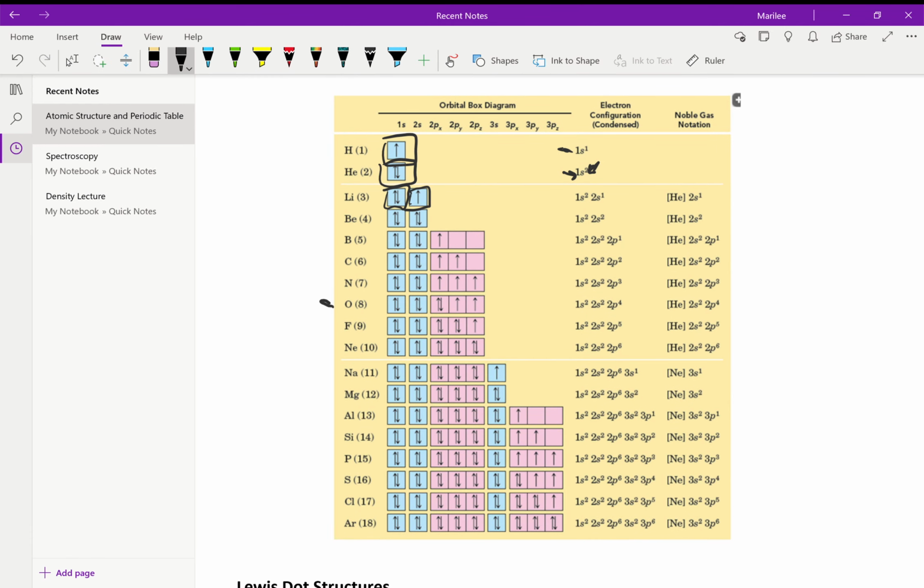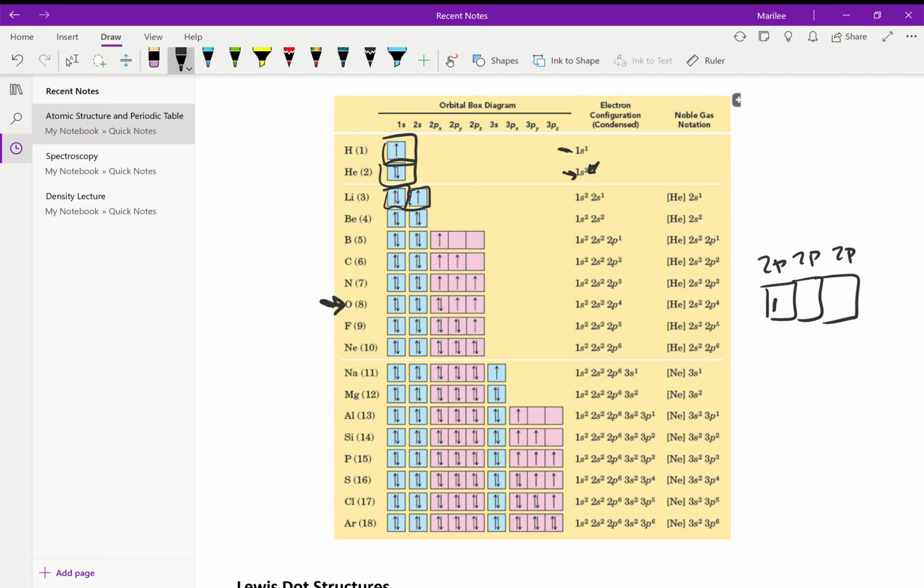Let me go down an example here. Let's do oxygen. Oxygen is a good one. Oxygen has 8 electrons. So we first fill our 1s orbital up and down. Once we fill that, we go to our 2s orbital, right? We fill that. And then our p orbitals, we know we have 3 2p orbitals. We have 2p, 2p, and 2p.